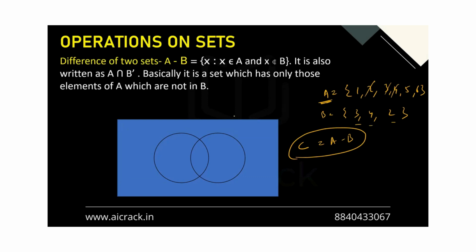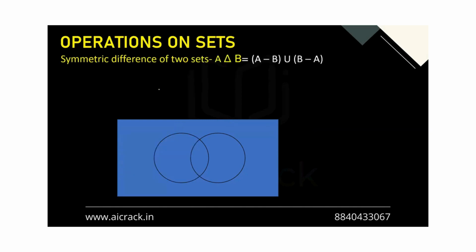Now in the case of Venn diagrams, this looks like this particular region: all the elements of A which are not present in B. Now the fourth one is symmetric difference of two sets, that is A delta B, A minus B union B minus A. That's pretty simple to understand.